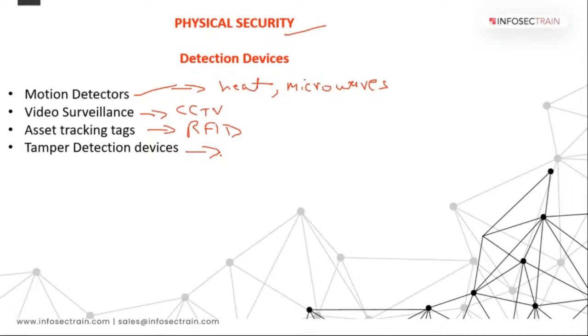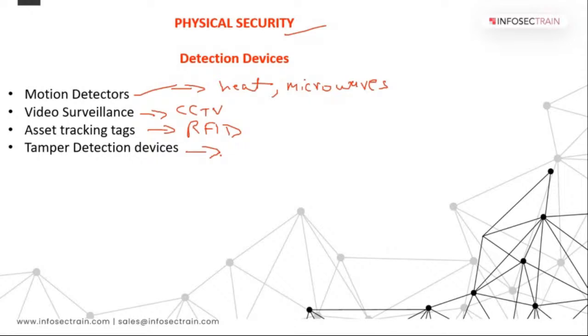So if you are not giving it to the service center and someone else opens it, your warranty will be finished, right? Only at that time. So those are tamper detection devices.